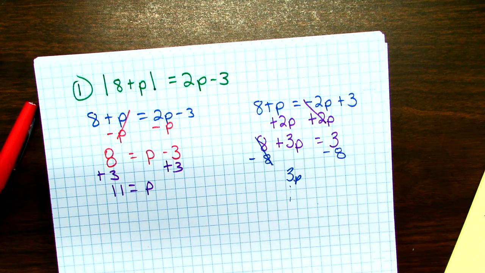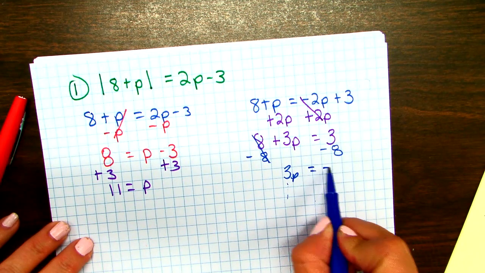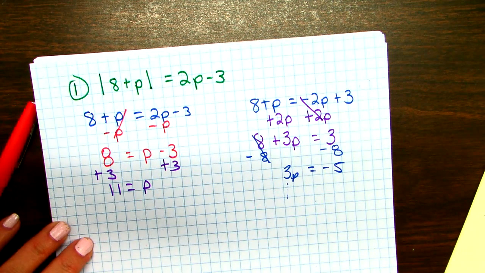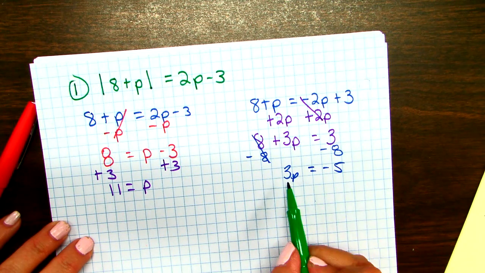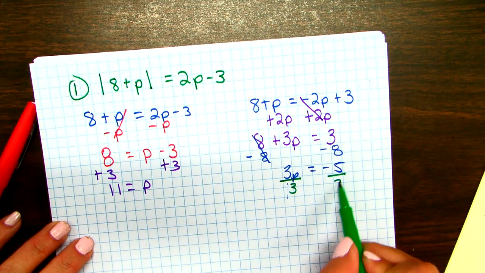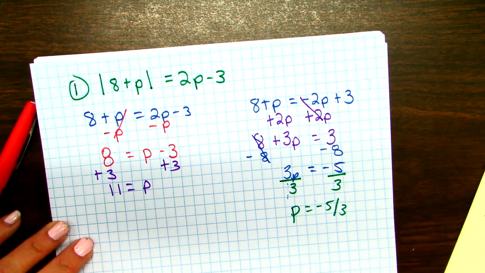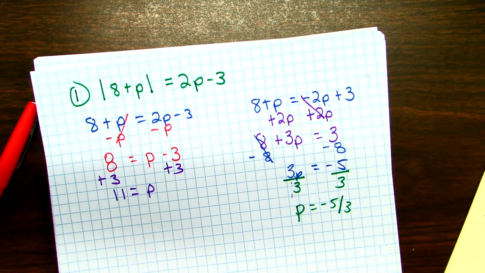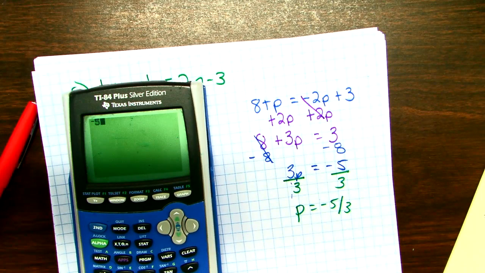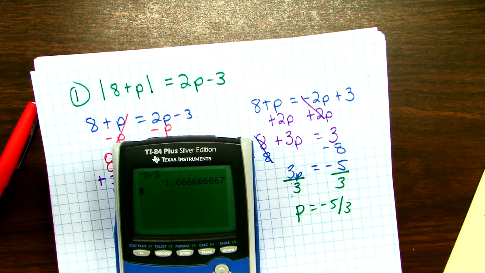Doing homework now. 3p equals negative 5. Divide by 3. And guys, you can just leave it. I mean, if you do 5 divided by 3 in your calculator, you're going to see that you get a repeating decimal. So we can't use that, all right? So just leave it. So let's pretend you weren't paying attention. You're just like, okay, negative 5 divided by 3. Oh, wait, she said I can't use that.